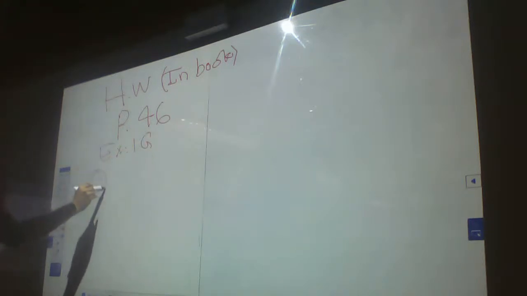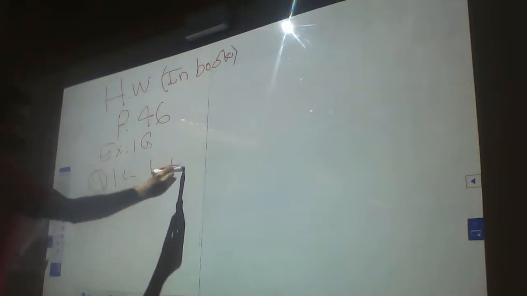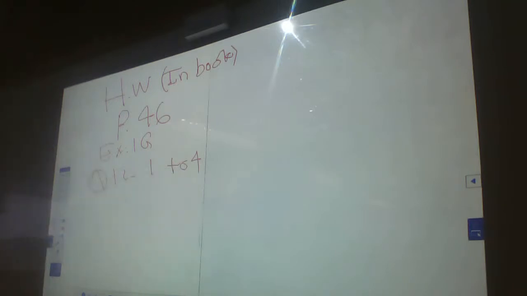Question number 1, you have to do 1 to 4, because in question number 1 you have to find opposite fractions. Next, you have to do question number 3, 1 to 6. So this is all your homework.